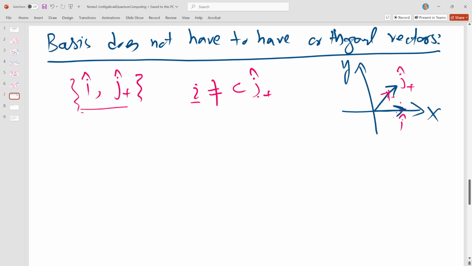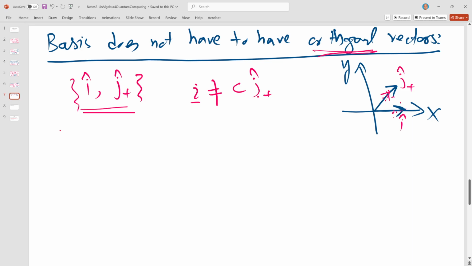So this is also a linearly independent set, even though the vectors are not perpendicular to each other. So linear independence does not mean that the vectors in real space have to be perpendicular, and in complex space this notion of perpendicularity is referred to as orthogonality.